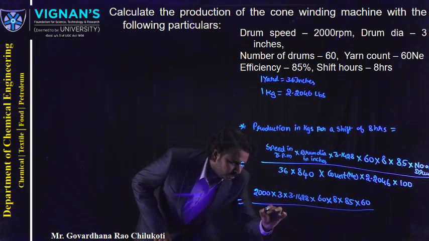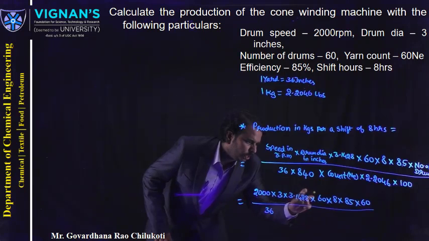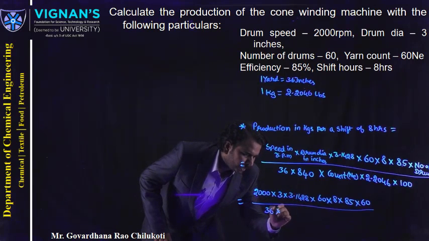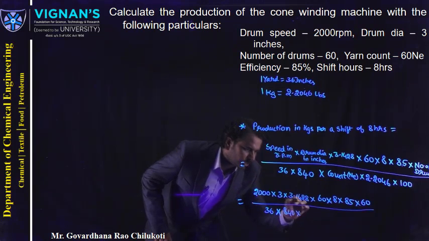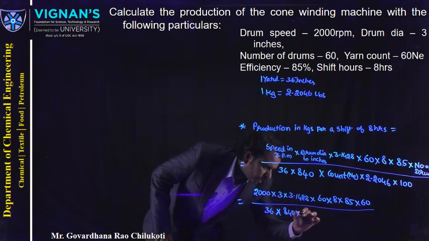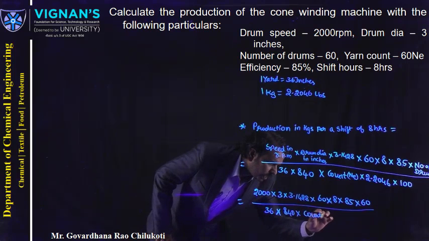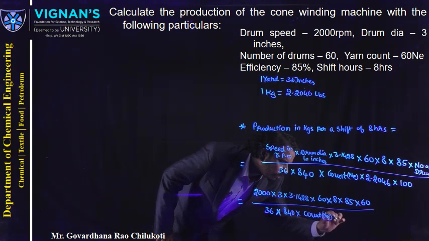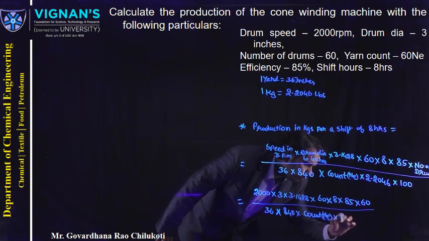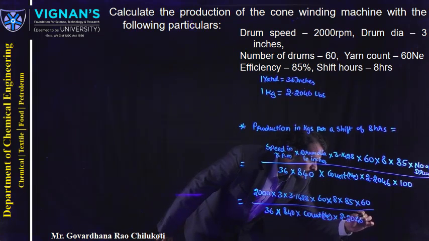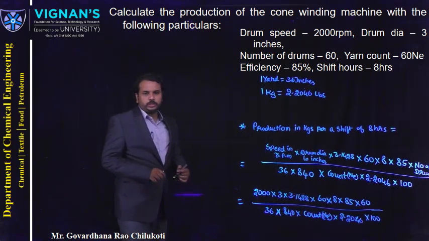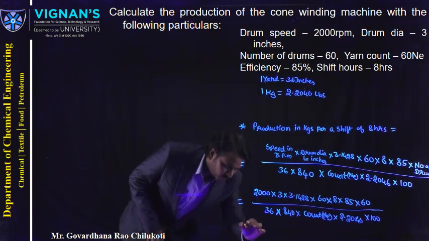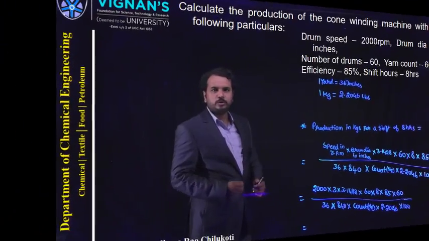You can see that we converted inches to yards by dividing by 36, yards into hanks by dividing by 840, hanks into pounds by the count Ne, and pounds into kgs. So this is the total conversion.